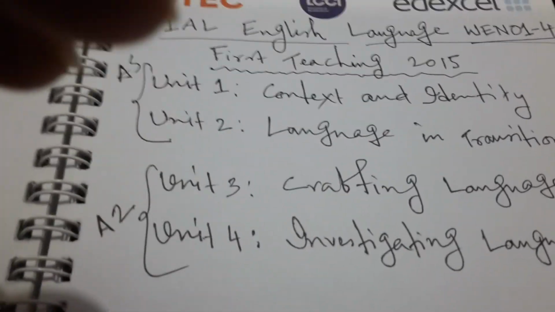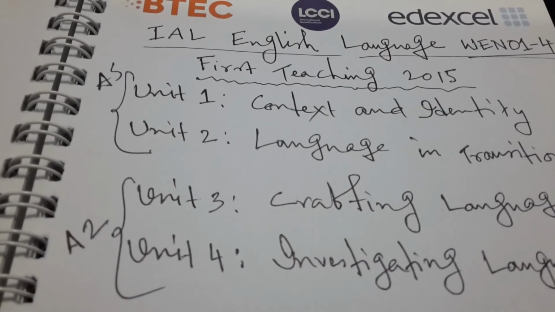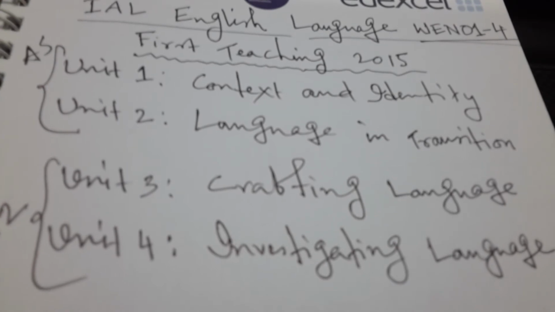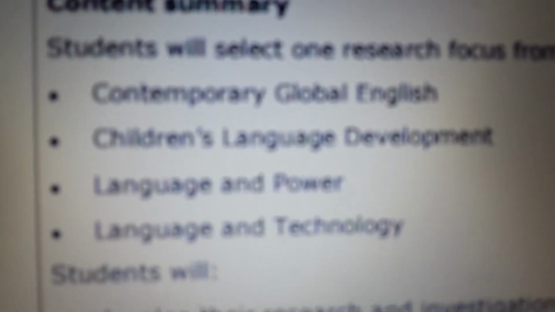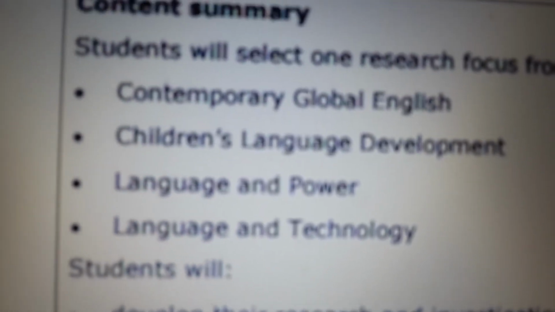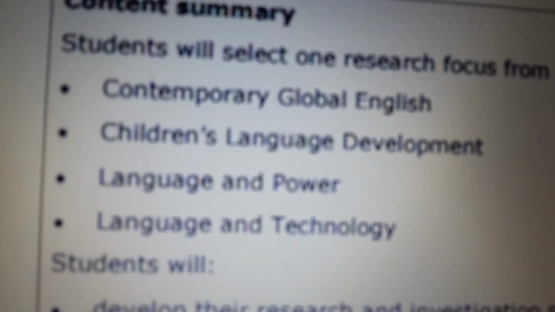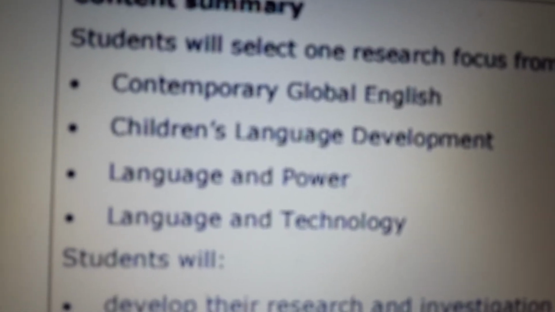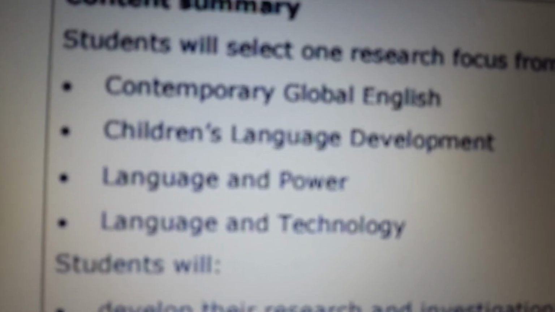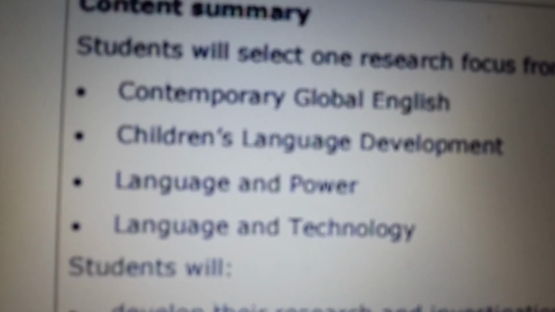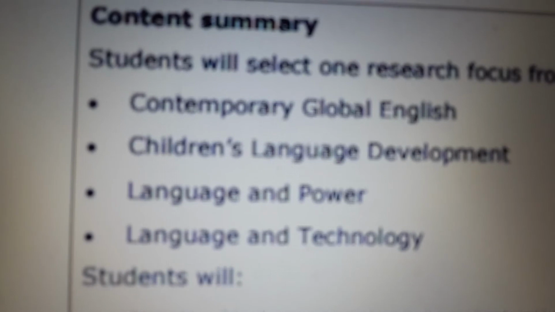And the topics that they right now have offered, let me show you, will be these 4. If you can see, Contemporary Global English, Children's Language Development, Language and Power, and Language and Technology.